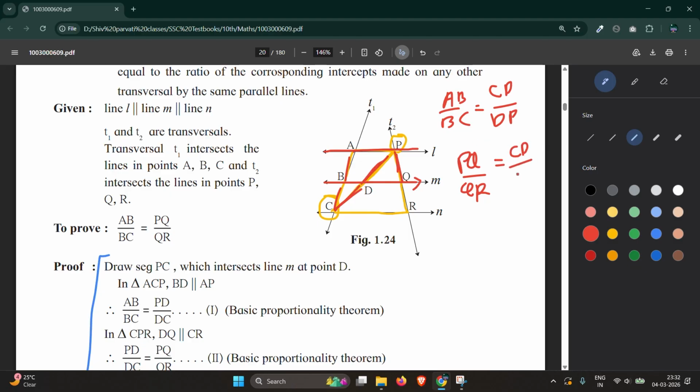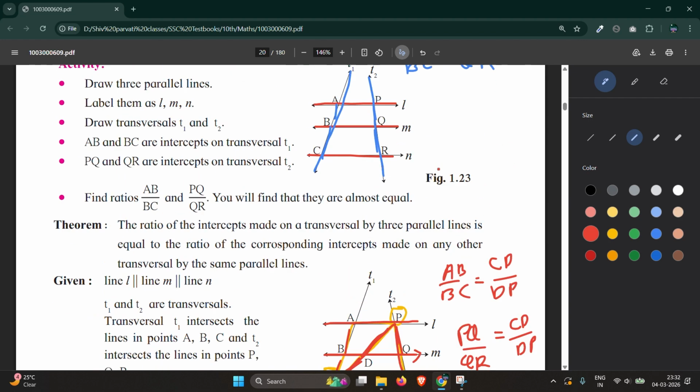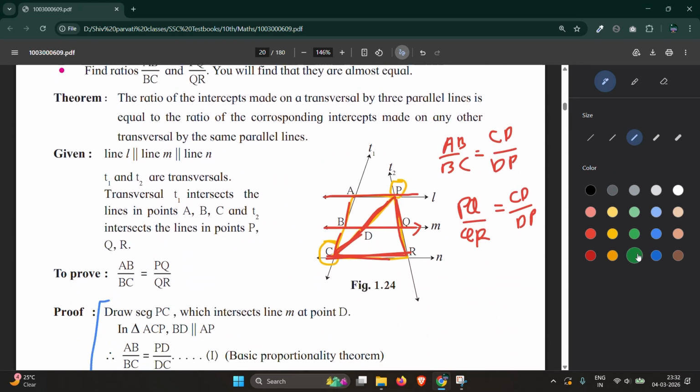Why? Because this is just this triangle. You can consider this triangle, and if you consider this other triangle, then this is the base and this is again the line that is parallel to the base, and you use this theorem again, the first theorem that we learned.